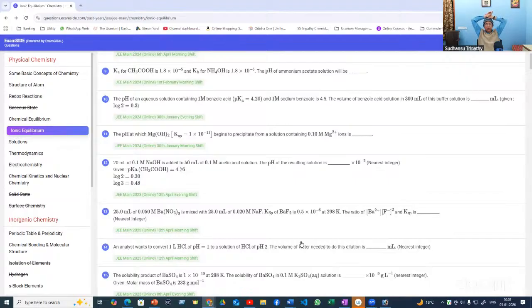The total volume is 300 ml. So out of which, supposing 200 ml is of benzoic acid and the remaining 100 is of sodium benzoate. So that it is asking to find out.